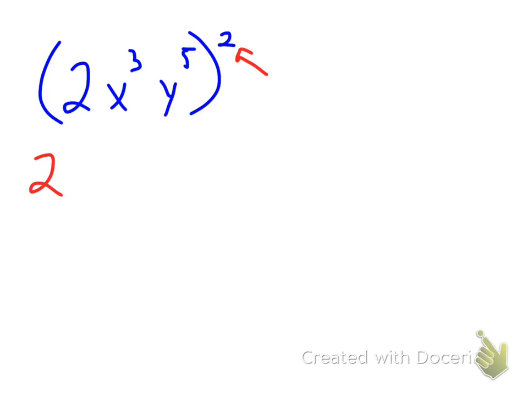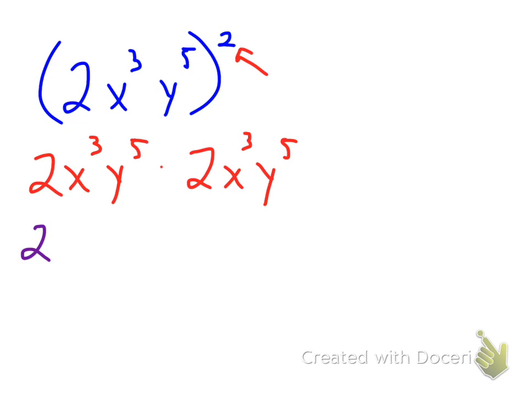So I actually have 2x to the third, y to the fifth, times 2x to the third, y to the fifth. And since each of these exponents I can write as expanded multiplication, I would have 2xxx, y, y, y, y, y, and then I would do the same thing again.